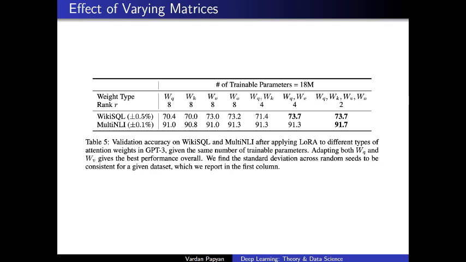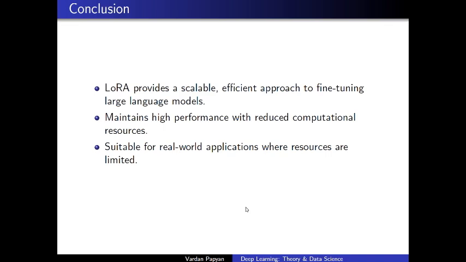Here we can see the effect of, for example, this time the queries, this time keys, each time values. Each time we can do it for a different set of parameters in the transformer and a large language model.